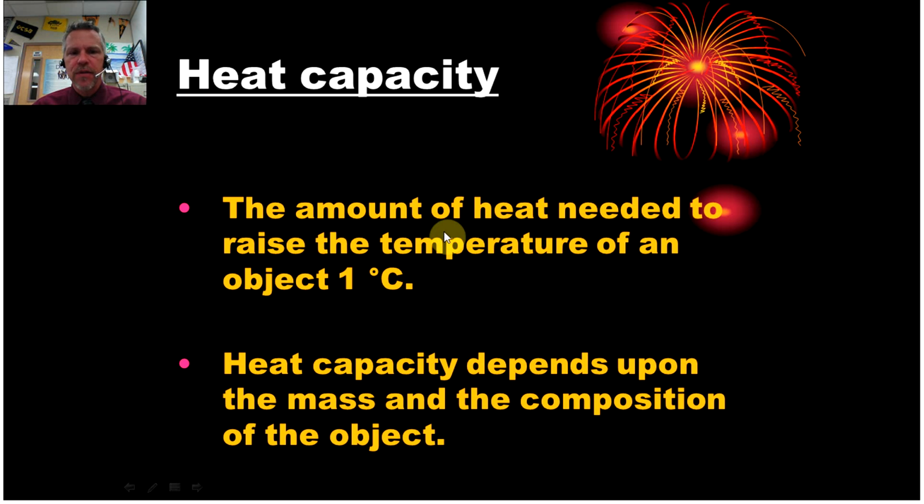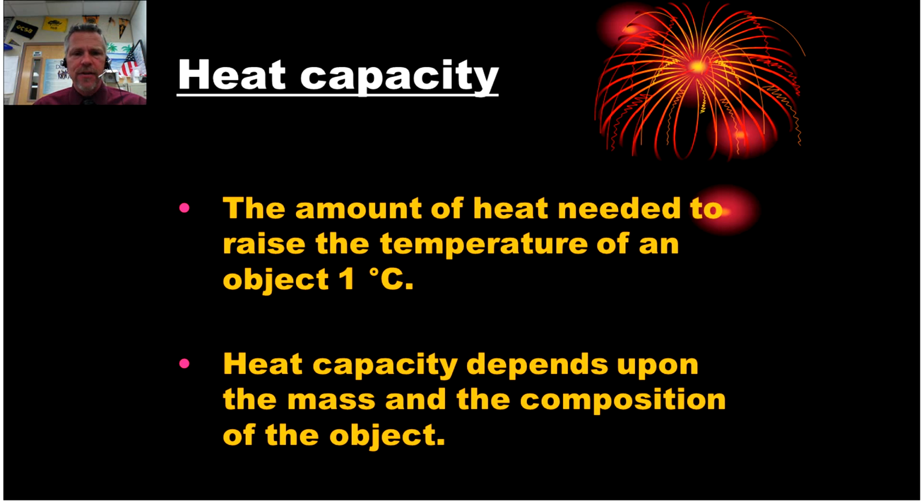We're not talking about any specific object or any specific compound. So heat capacity, this characteristic, depends on the mass and the composition of the object. So the heat capacity for 10 grams of lead is different than the heat capacity of 1 gram of lead.